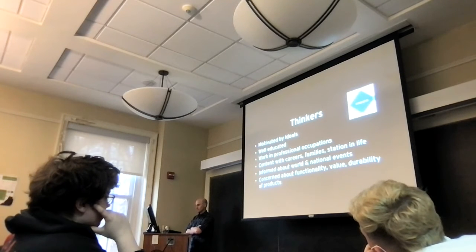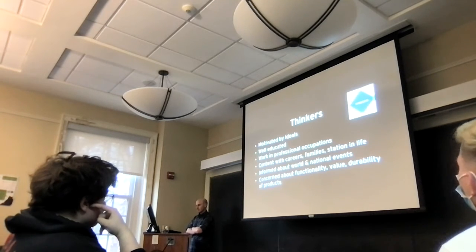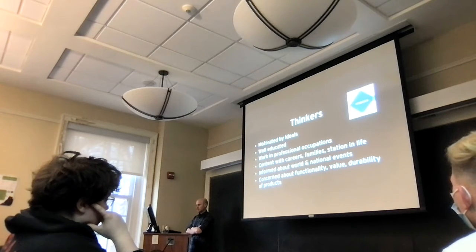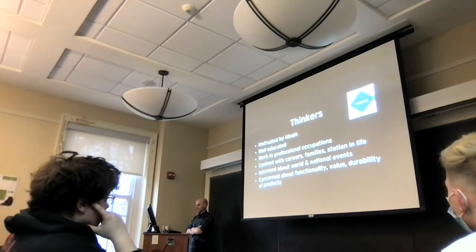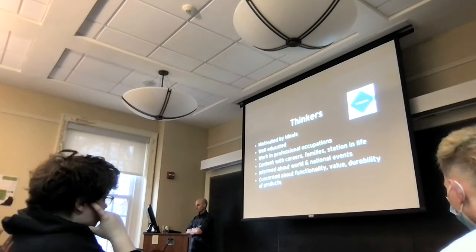They tend to be well educated. They tend to work in professional occupations. They are content with their careers, their families, their station in life. They are highly informed about the world and about national events. And they are concerned about such things as functionality, value, durability of products, and so forth.